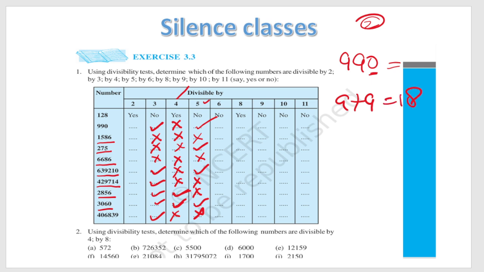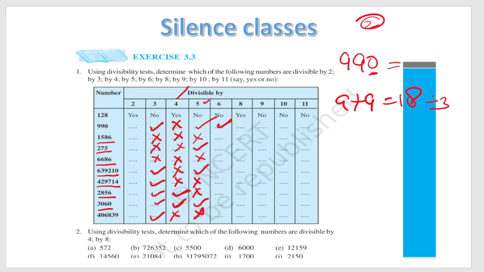Okay, so this number is divisible by 3, and it is also divisible by 2, so this number is divisible by 6. Both the criteria are met. That means it is divisible by 6.